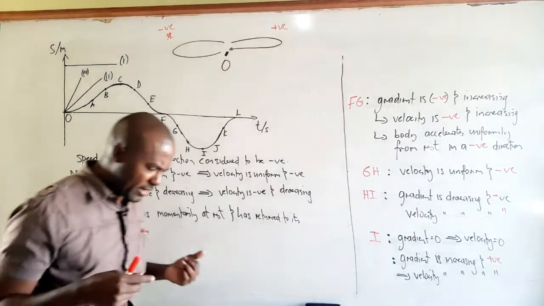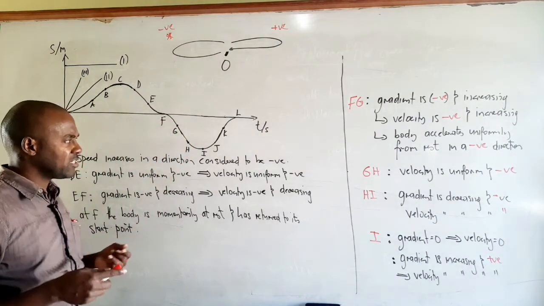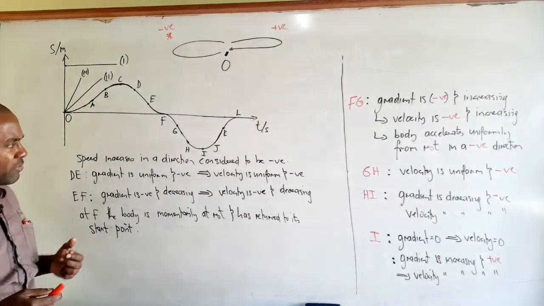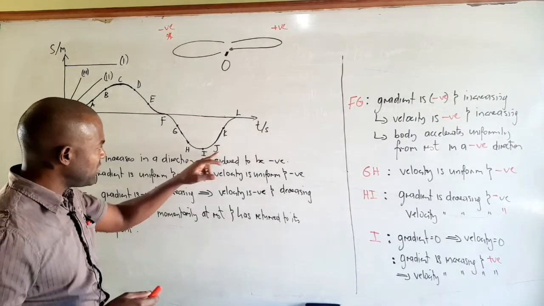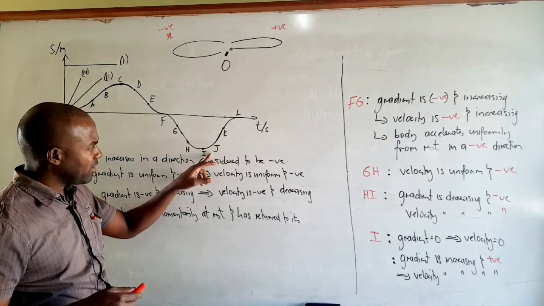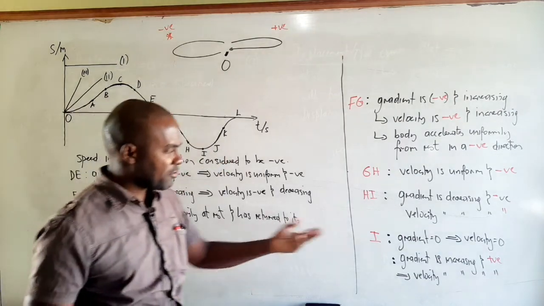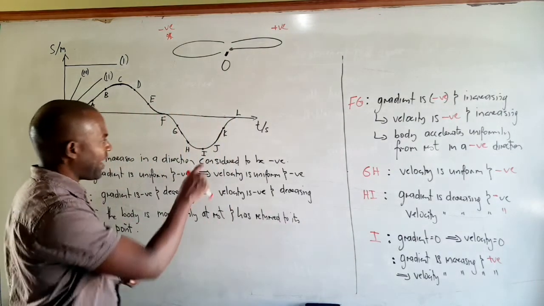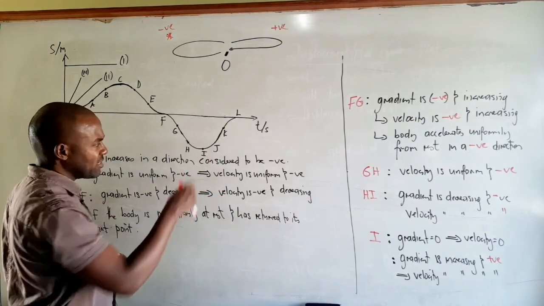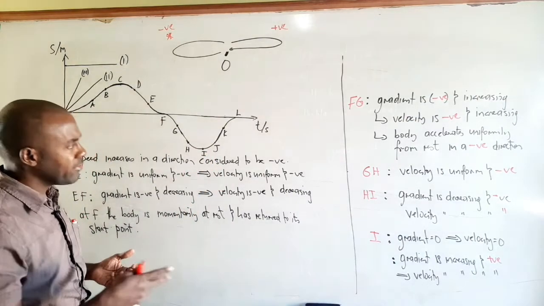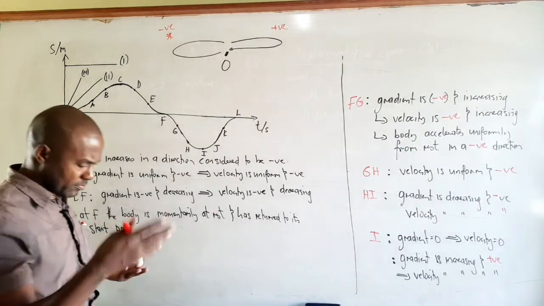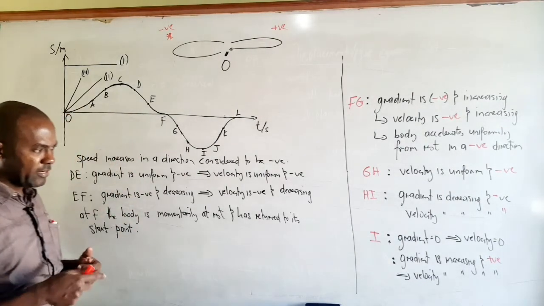Now we know that basically that any change in a body's velocity is an acceleration. So therefore it means that basically between I and J, where the gradient is actually increasing and positive, the velocity is increasing and positive, and therefore for IJ, then that means the body is accelerating. So the body's acceleration is actually positive, right?